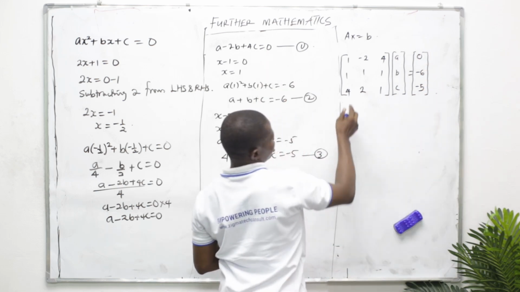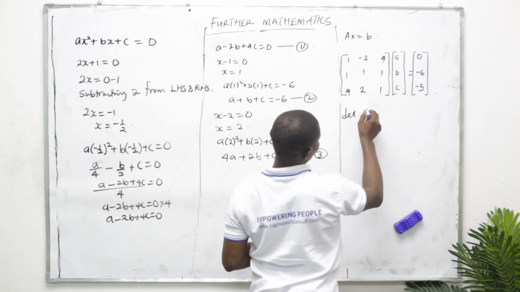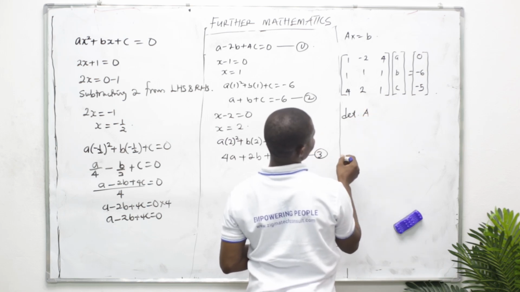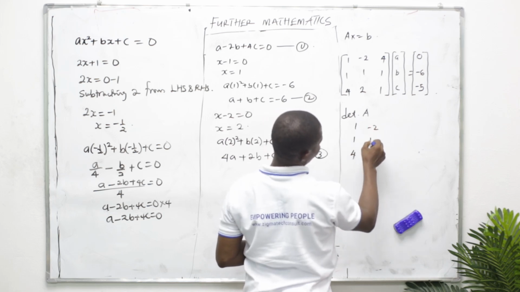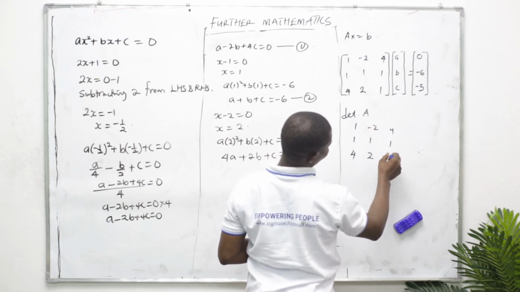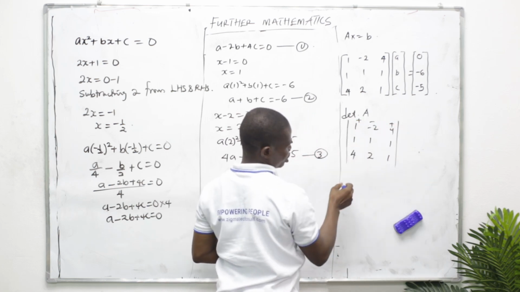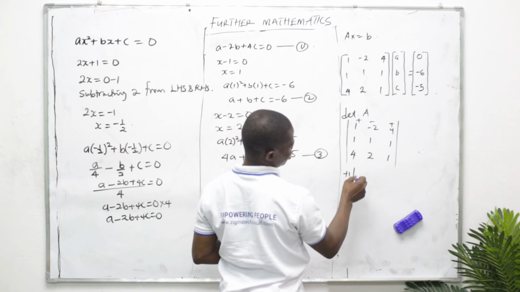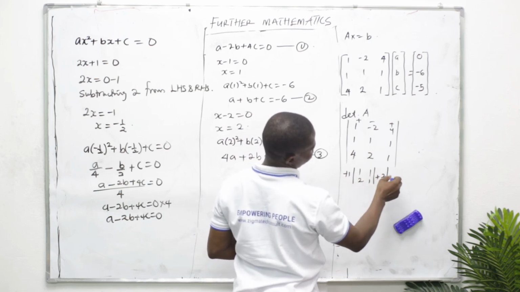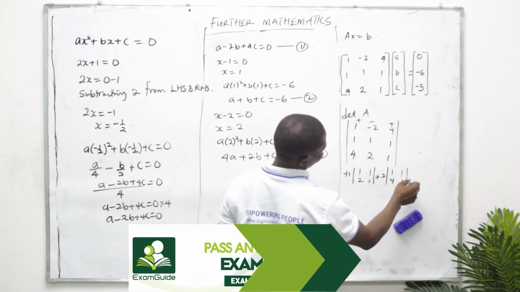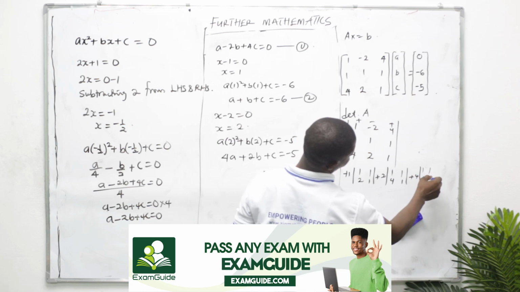Now let's get the determinant of this matrix. Determinant delta A, let's say the matrix is A, will give us 1, 1, 4, minus 2, 1, 2, 4, 1, 1, with signs plus, minus, plus. Determinant is plus 1 into (1, 2, 1, 1), plus 2 into (1, 4, 1, 1), plus 4 into (1, 4, 1, 2).